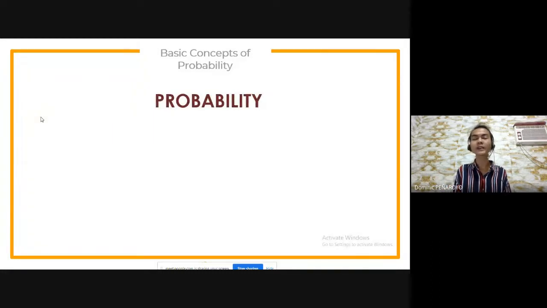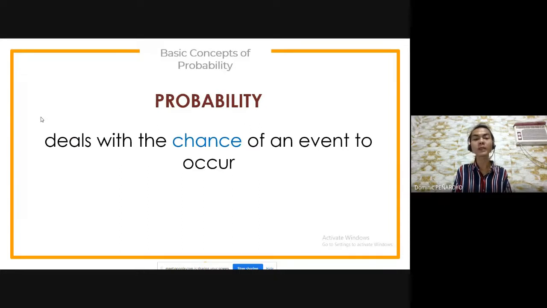Now, what is probability? Probability deals with the chance of an event to occur. When we hear the word probability, what usually comes to mind is the chance of an event to occur, and that's correct.